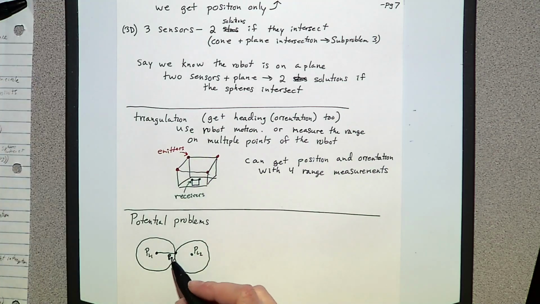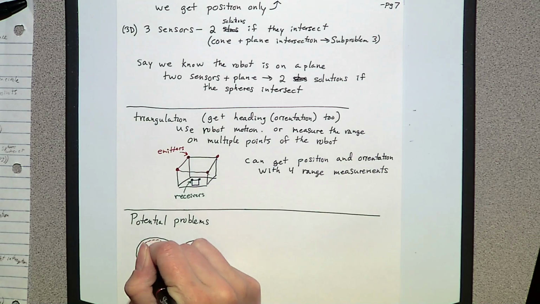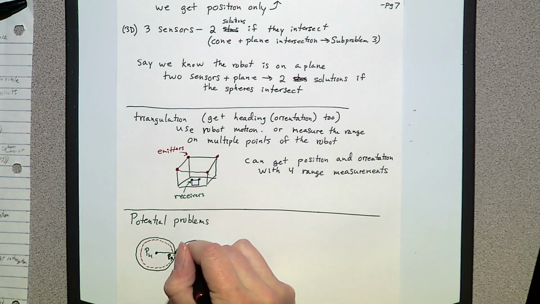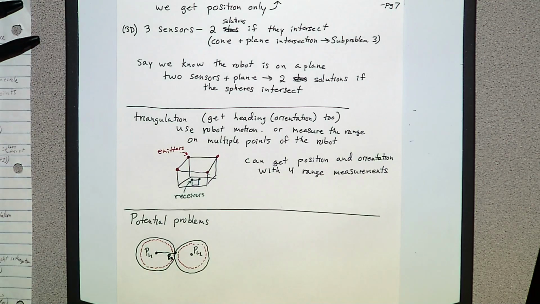Let's say they actually have noise in the measurement. So this one actually thinks I'm somewhere here, and this one thinks I'm somewhere here, right? So if we have noisy measurements, then we can actually have cases where our circles or our spheres no longer intersect.